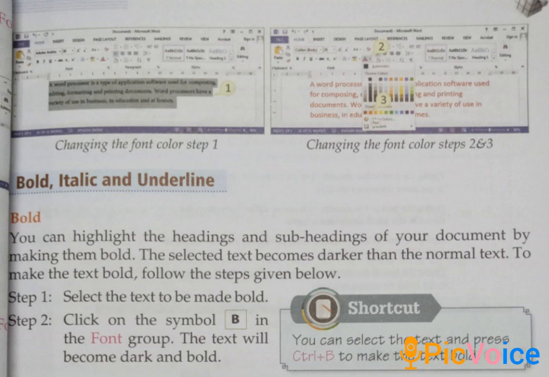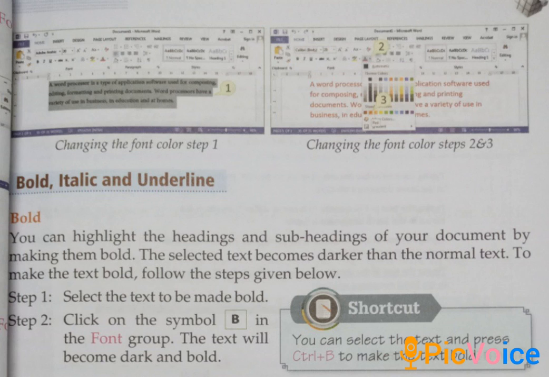And to make the text bold, we have to follow the 2 steps, and these 2 steps are: first step is select the text which you want to make bold, and second step is click on the symbol B from the font group.